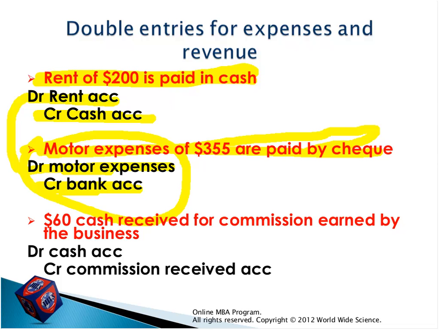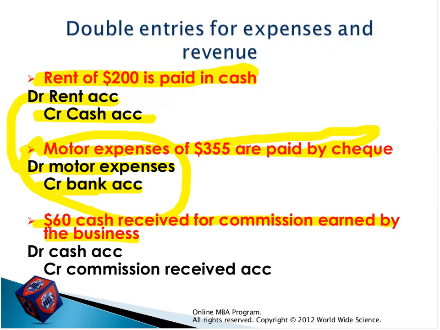We have the next one, the third example. The $60 US cash received for the commission earned by the business. So this is what that means.